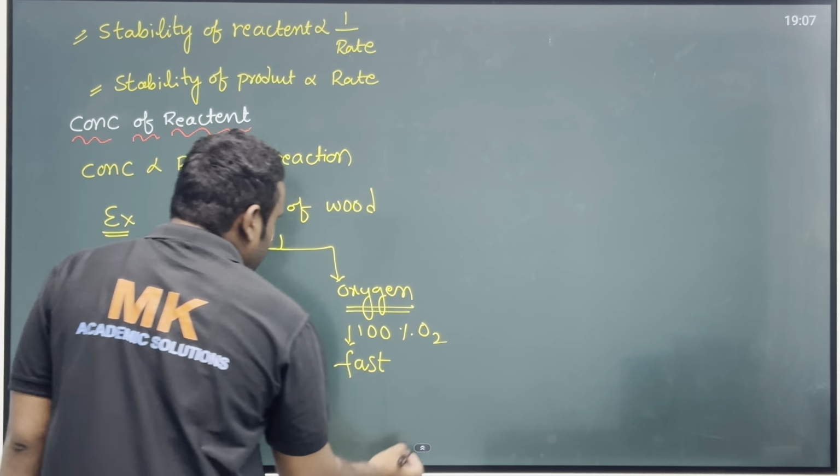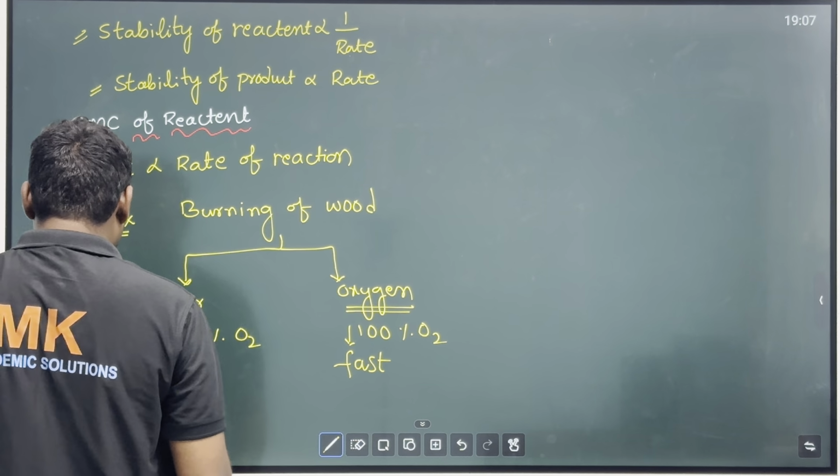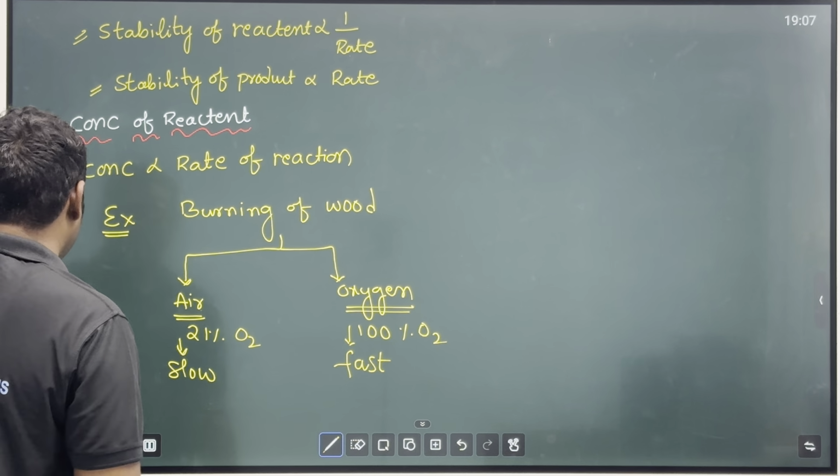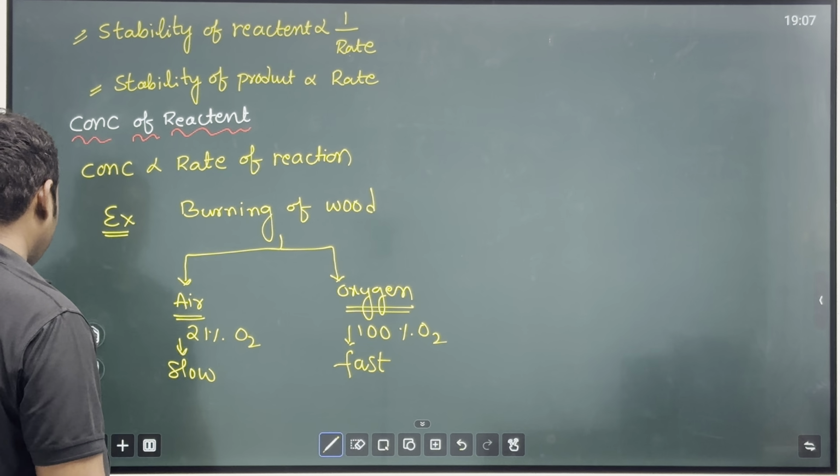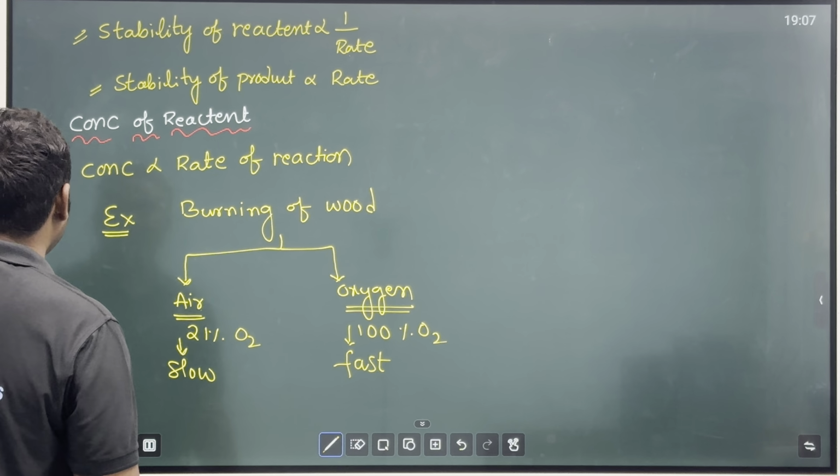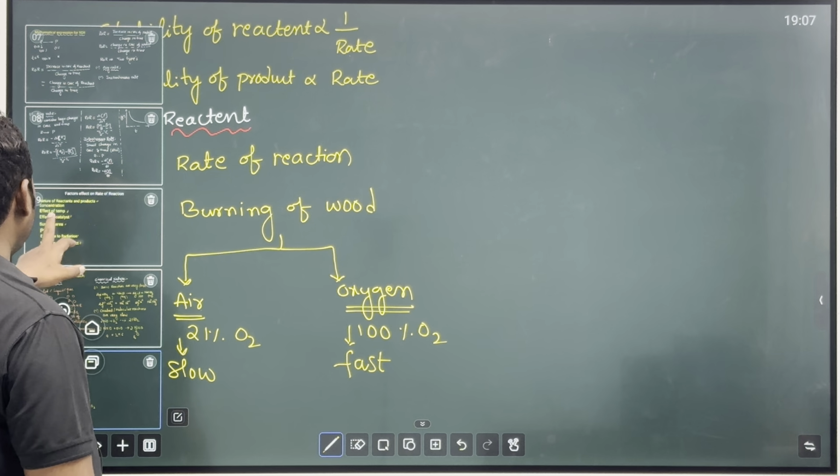Okay, next another factor. What is the next factor which affects the rate of reaction? That is effect of temperature.